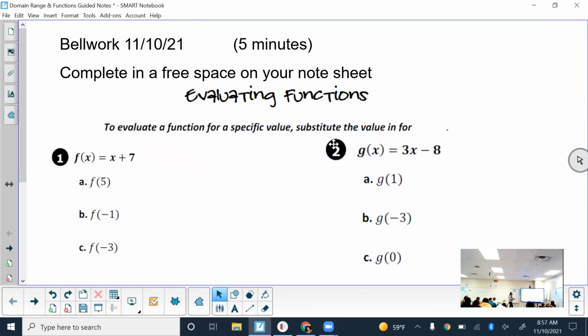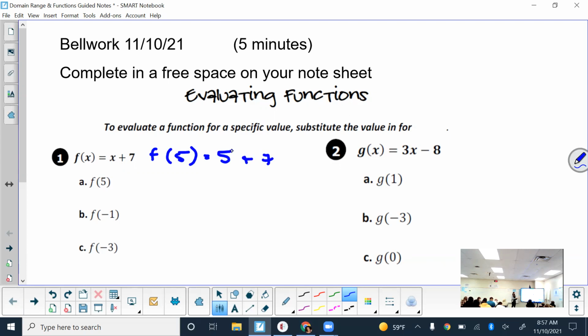What does the 5 replace? x, because normally it's f of x, now it's f of 5. So if you see things like that on your test Friday, which you will, all you're doing is plugging in that number. So I have f of 5 equals, normally it's x plus 7, now it's 5 plus 7.